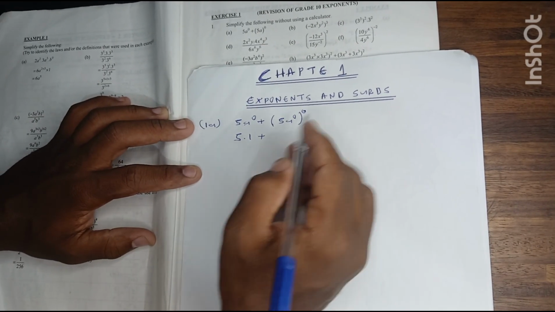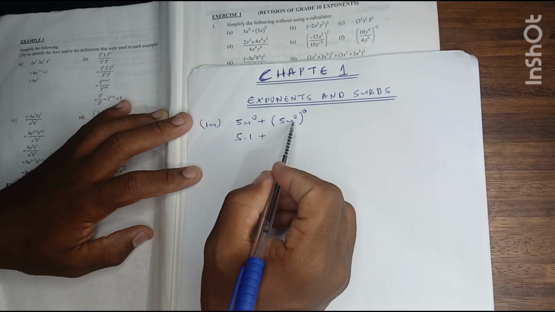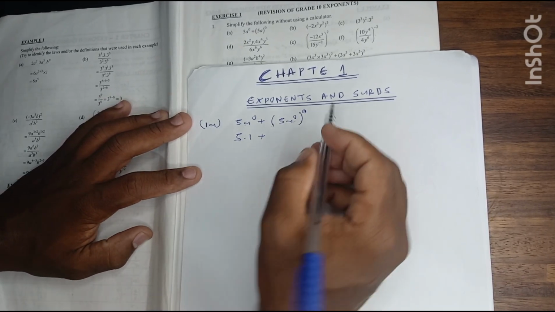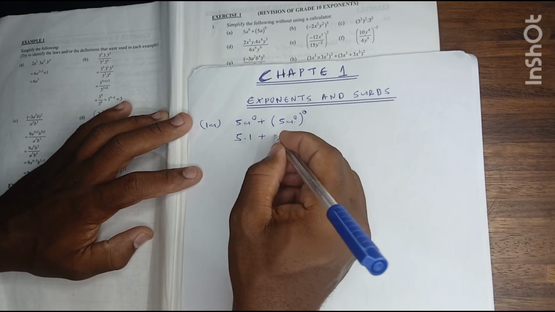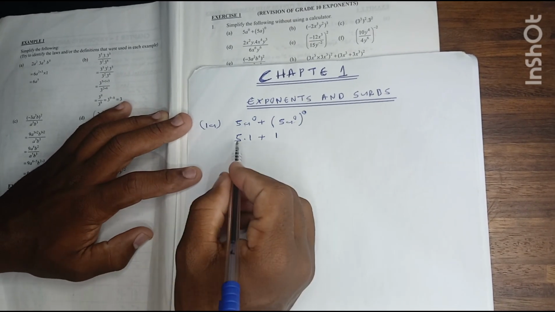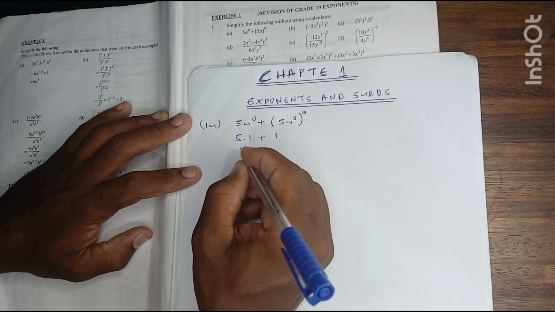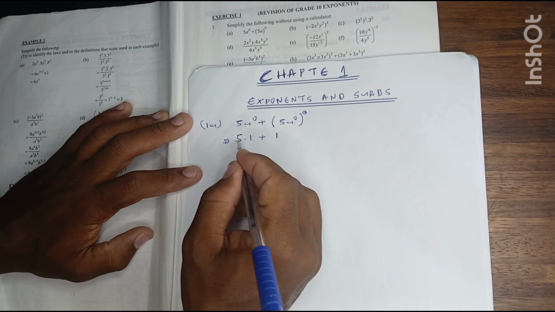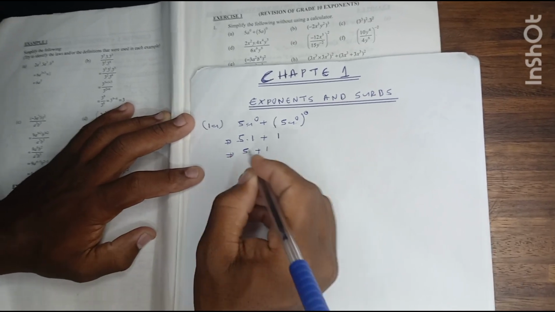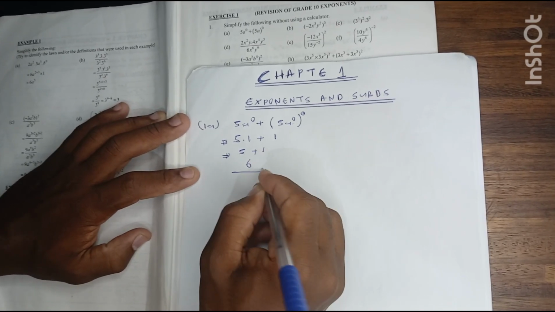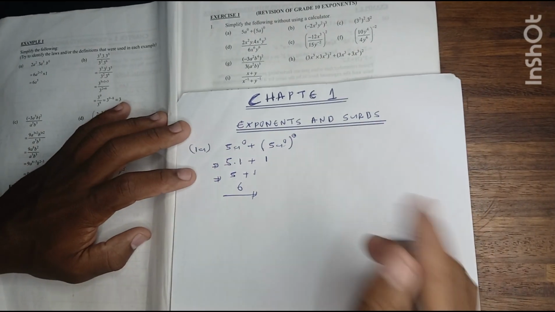Can you see that all of this in the bracket is to the exponent 0, so the answer here will be 1. So I'm going to say 5 times 1, which is 5, plus 1. So 5 plus 1 is 6. So this was easy.